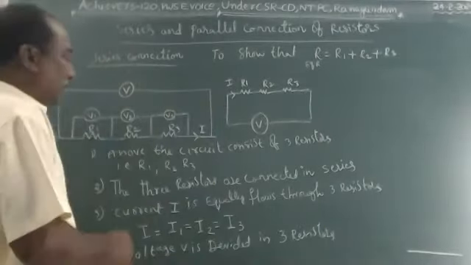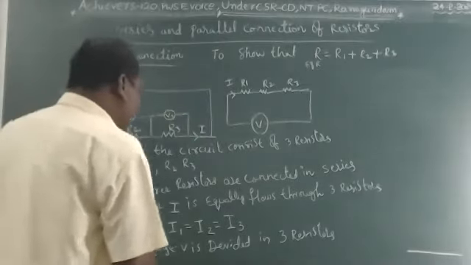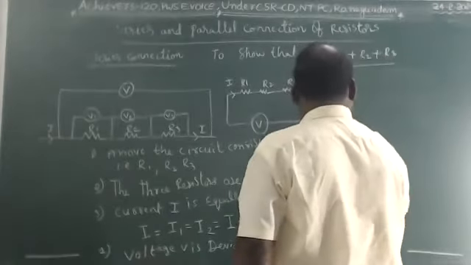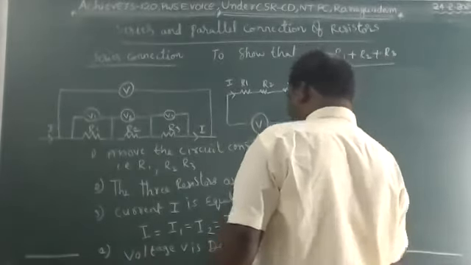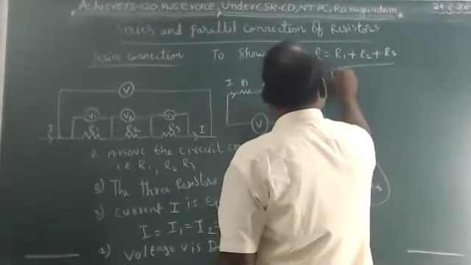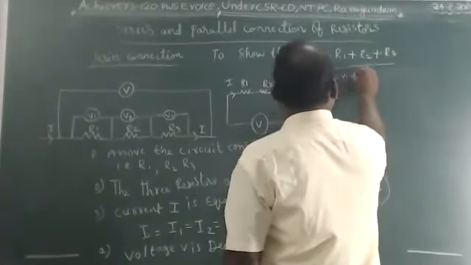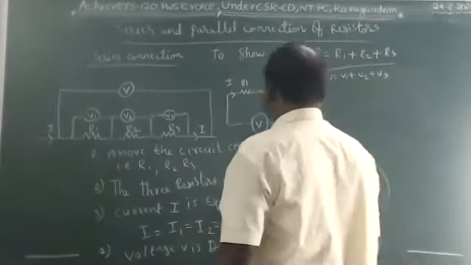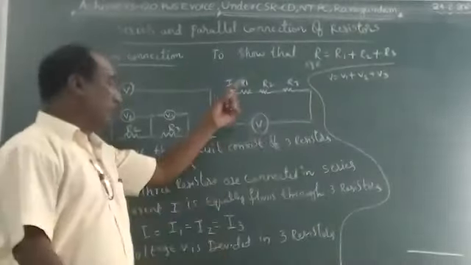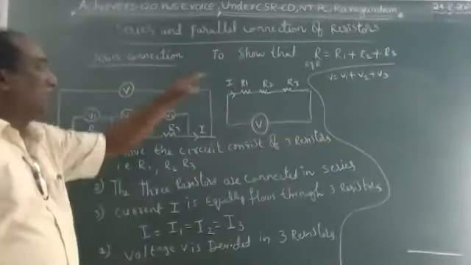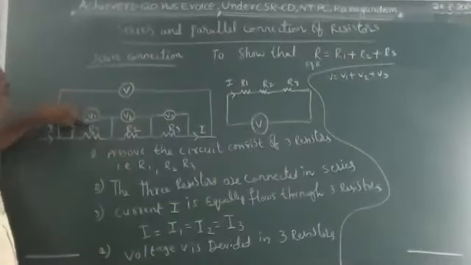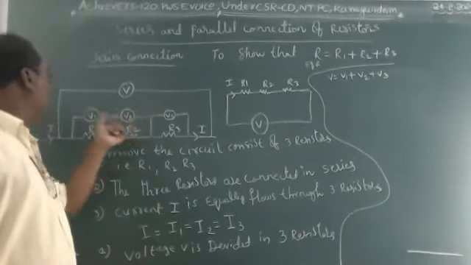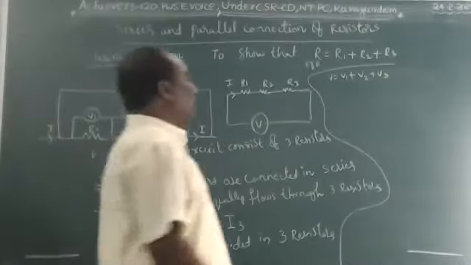Let me write it like this, children: V equals V1 plus V2 plus V3. Voltage is divided in three resistors, and you have to write it with a plus. So V1 is the voltage across R1, V2 across R2, V3 across R3. Voltage V is divided among each resistor.